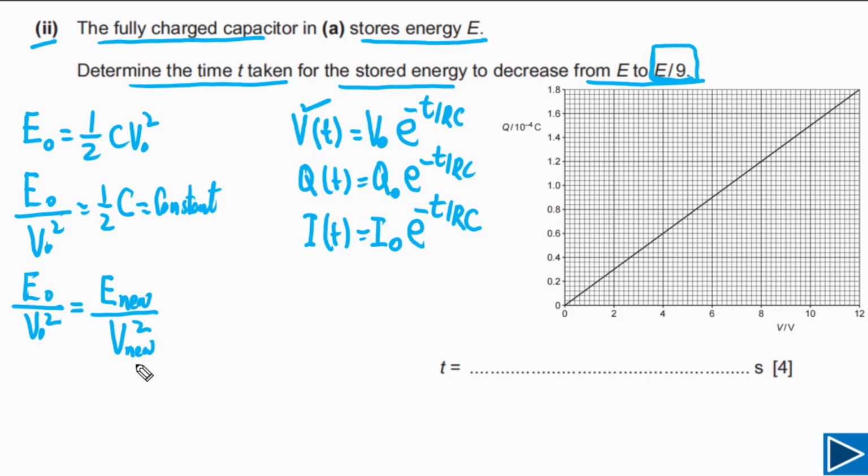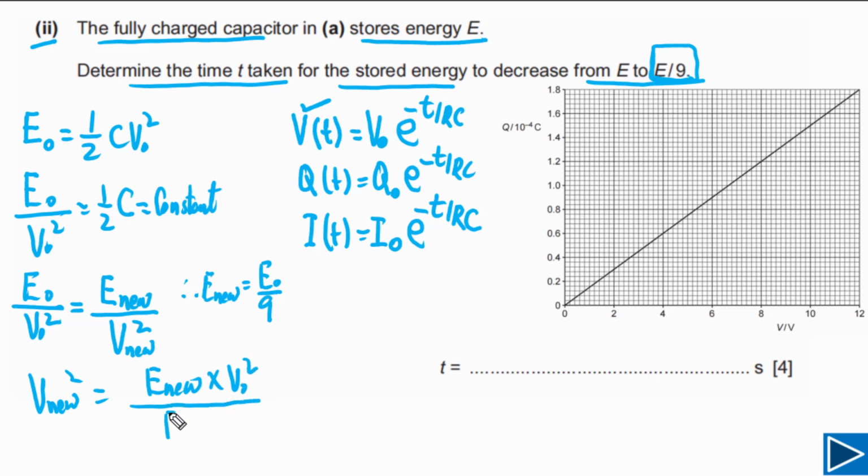Now from here we can find the value of E new as it is given to us. E new is equal to E naught by 9. So we'll write here E new is equal to E naught by 9. From here we can rearrange, we can write V new. This will be equal to E new times V naught squared divided by E naught.